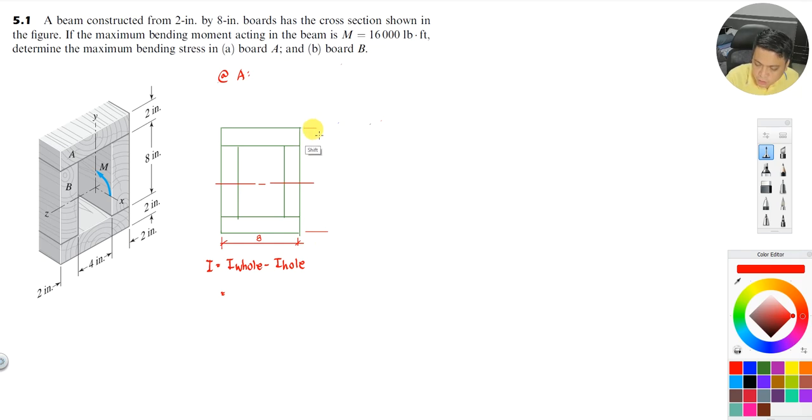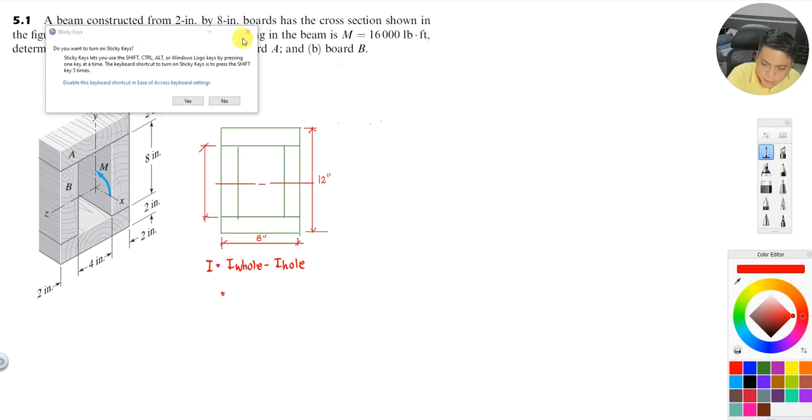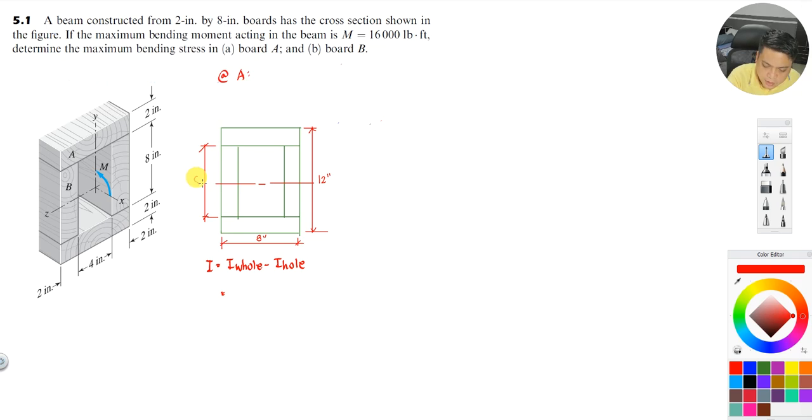And ito yung whole, mula doon hanggang dito. So that's 8 plus 2 plus 2, so that is 12 inches. How about this one? So you can have it as 8 inches. And here, you can have it as 4 inches.